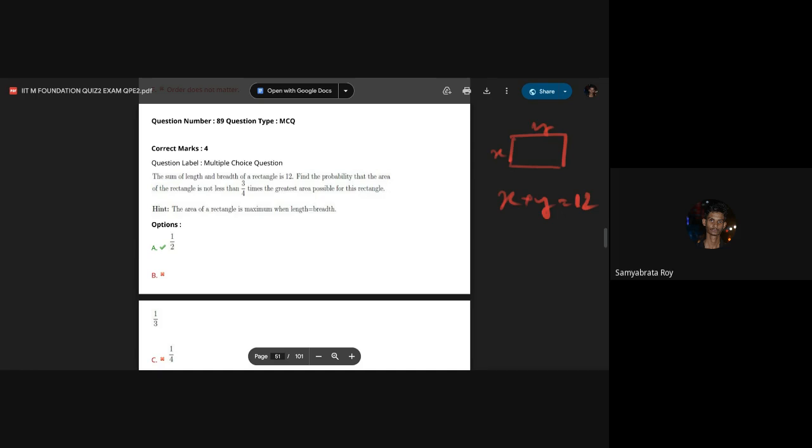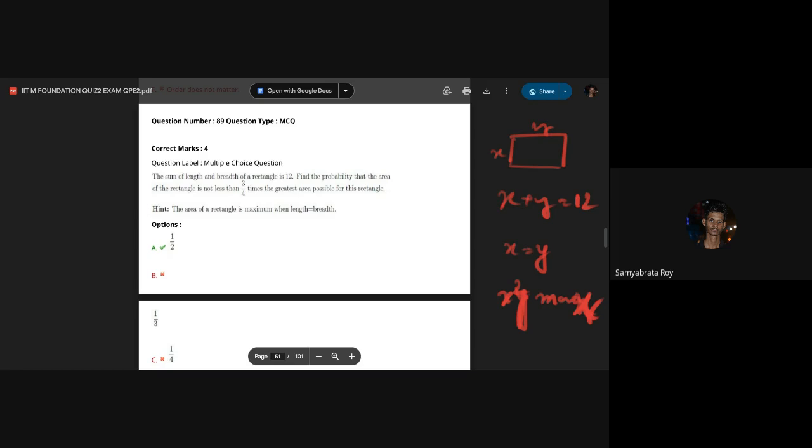Greatest area possible, right? When will it happen? If x is equal to y, then x square maximizes, right? This is the scenario where x square or xy maximizes, if x equals y.